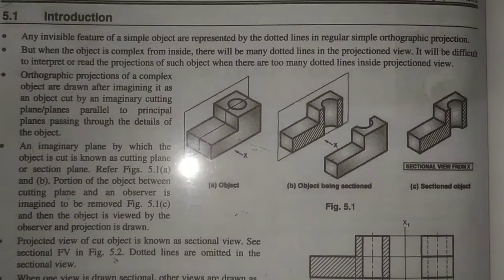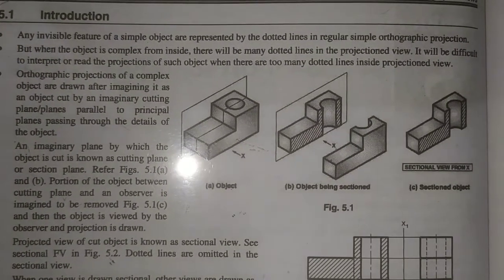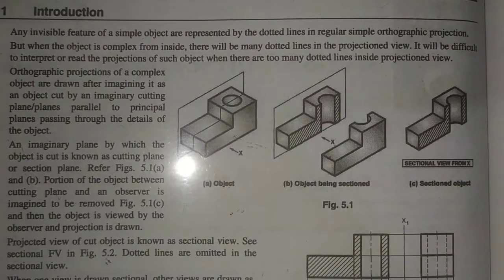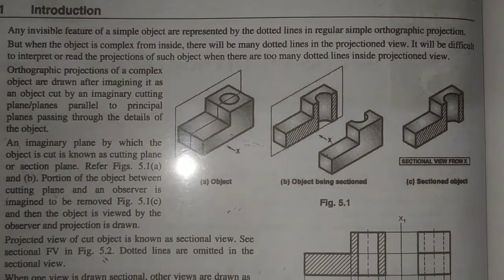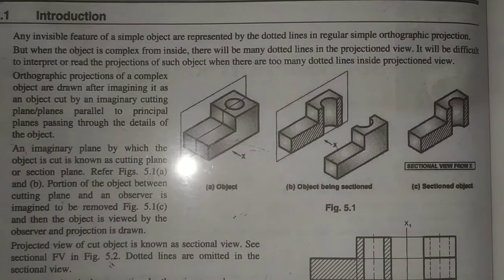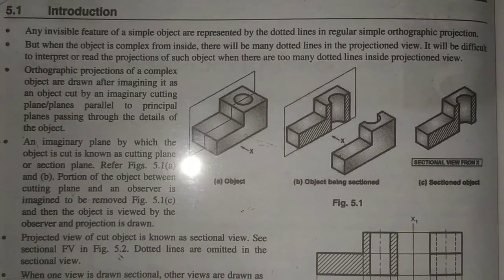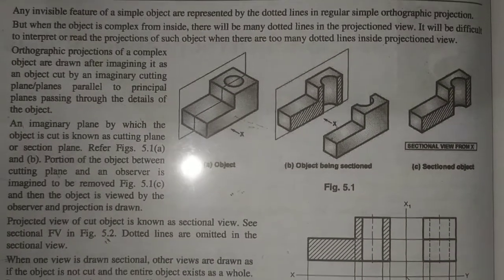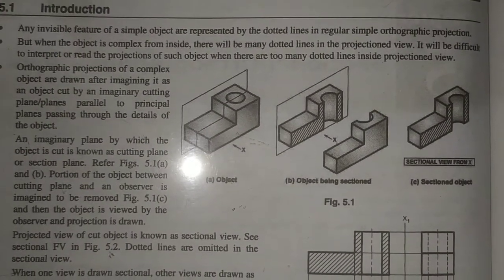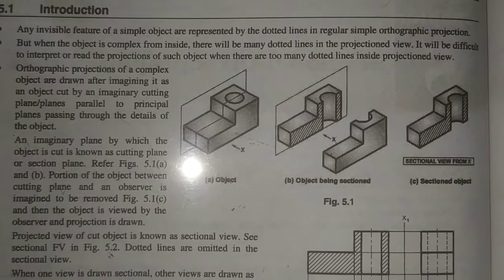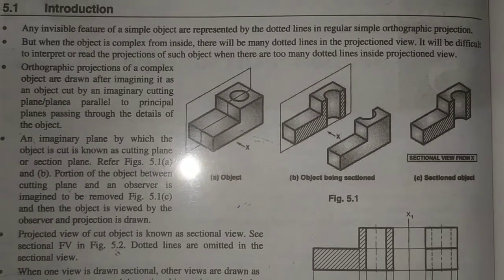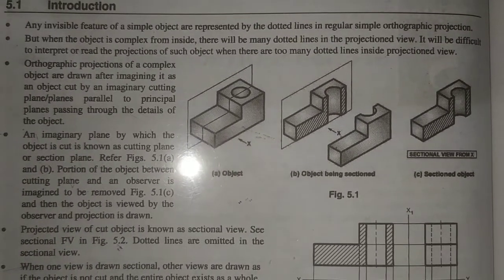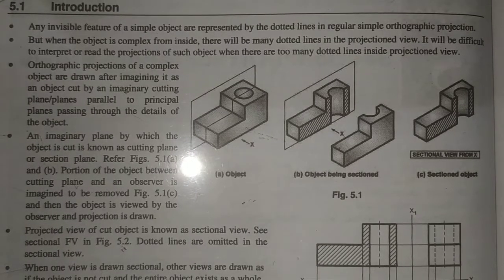Now we will have an introduction. Why are we taking the sections, why are we cutting the objects, the reason. Second, by obtaining the cutting section, what will we gain, how the internal features will come, and we can study it very well.